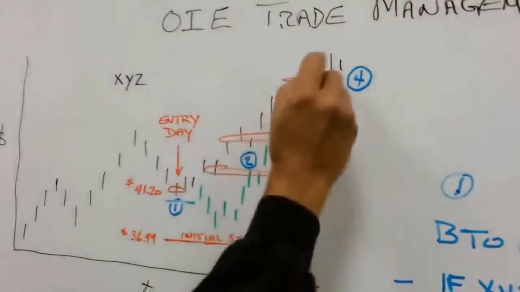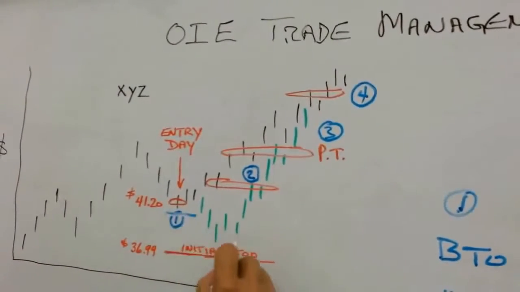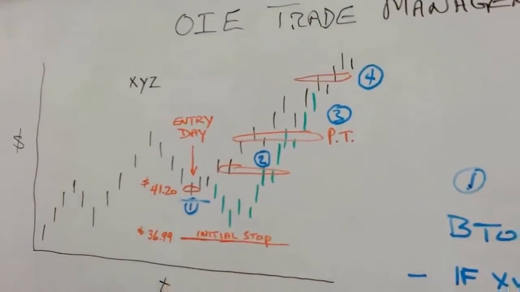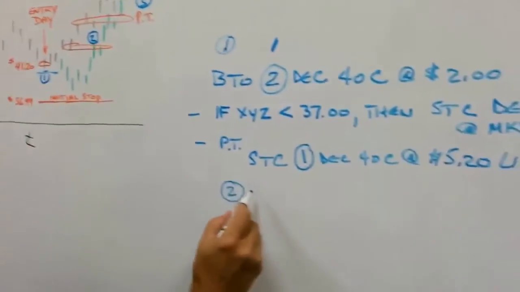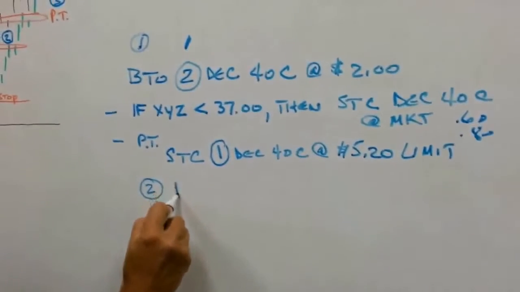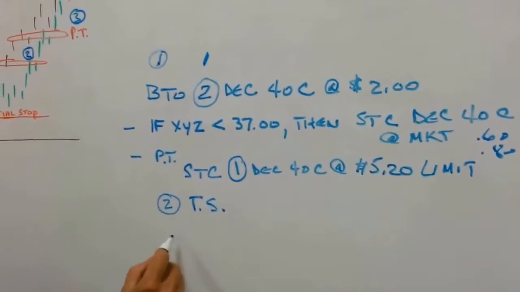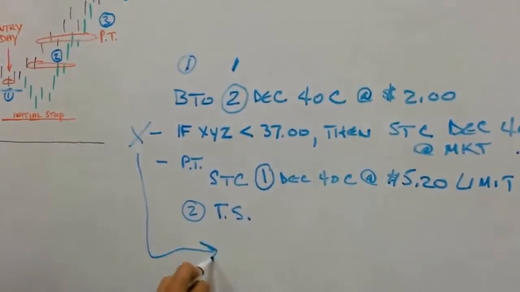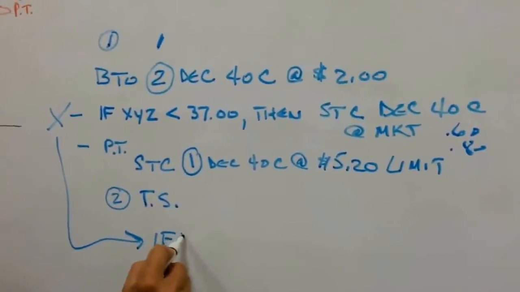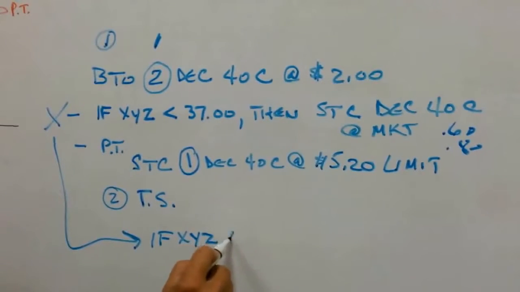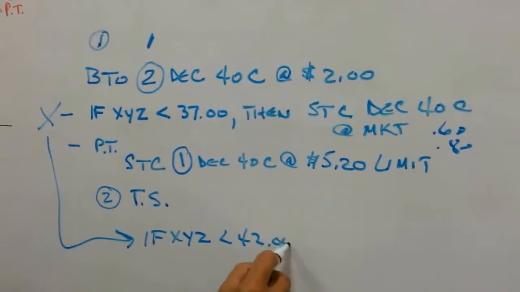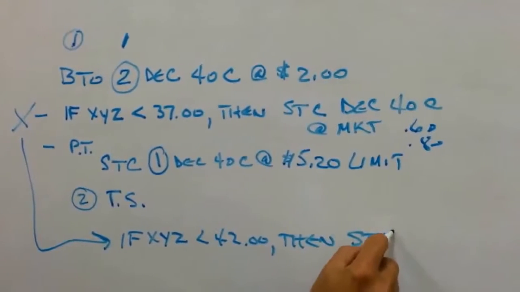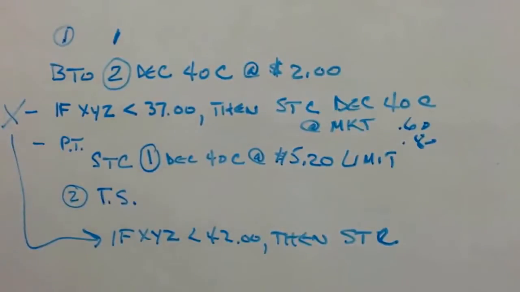So whether the market goes straight up or backfills first and then goes up, at point 2 here, we're going to move the trailing stop by changing this order right here to: if XYZ is less than 42, then sell to close our December 40 call.